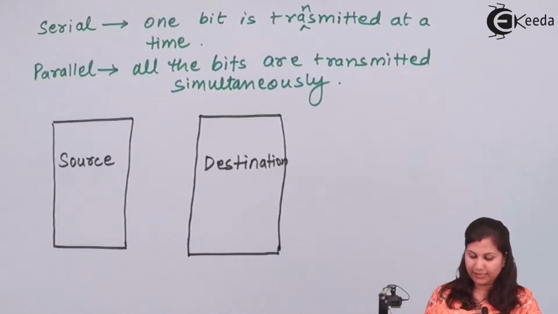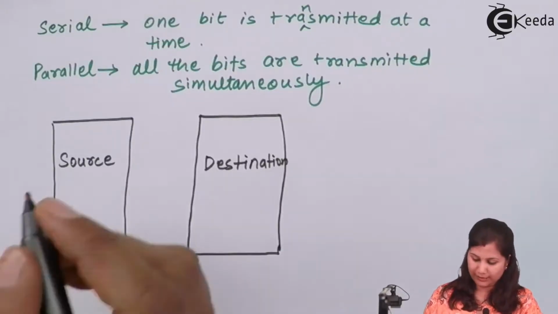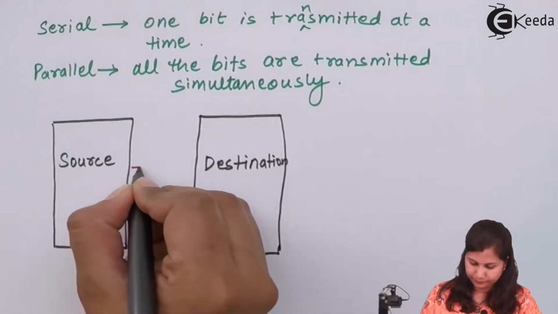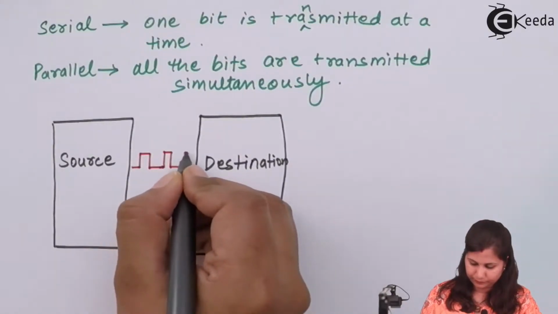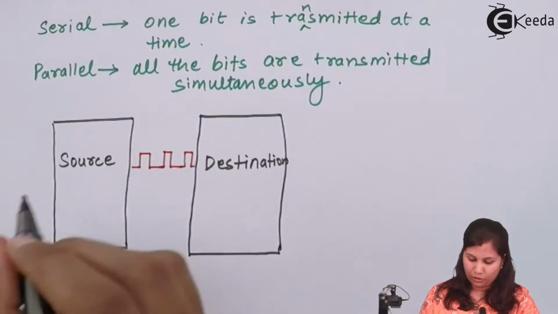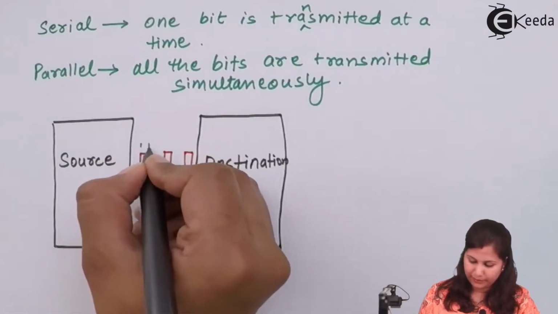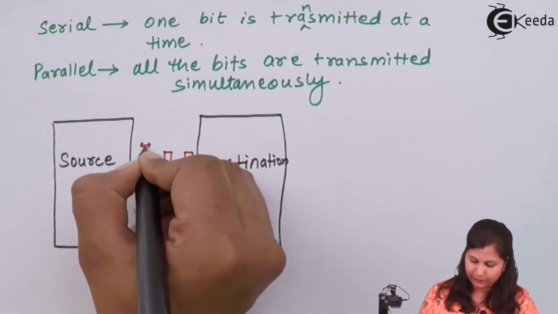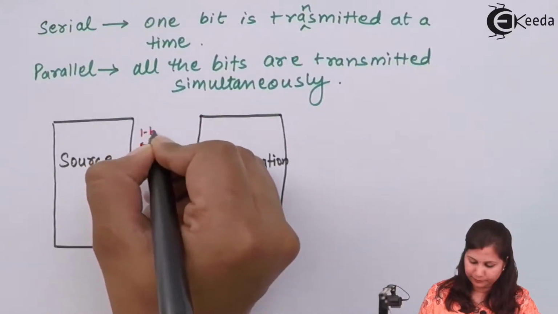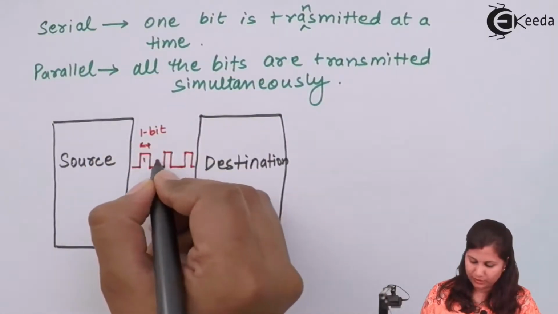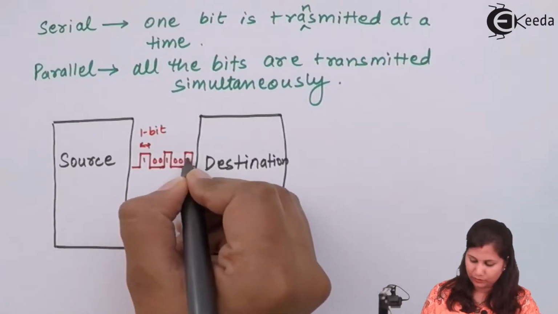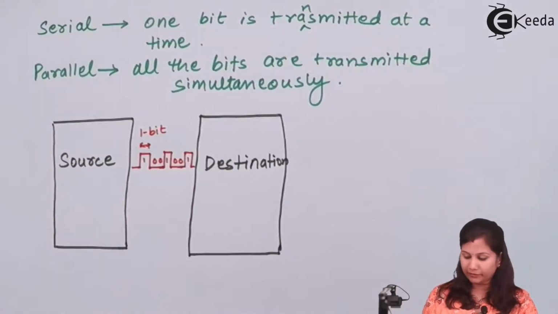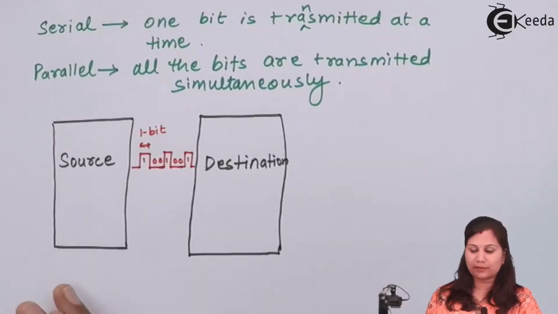So in serial transmission, only one bit is transmitted. Suppose here one bit is transmitted. This is 1, this is 0, again 0, 1, 0, 0, 1. Okay, in this form data is transmitted.